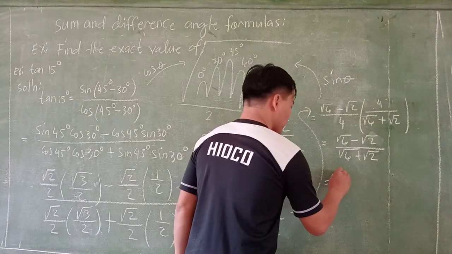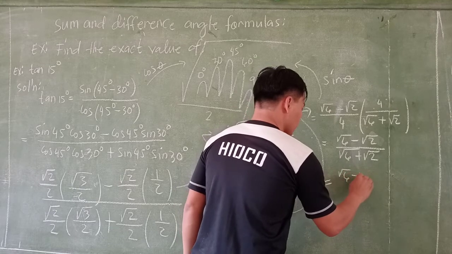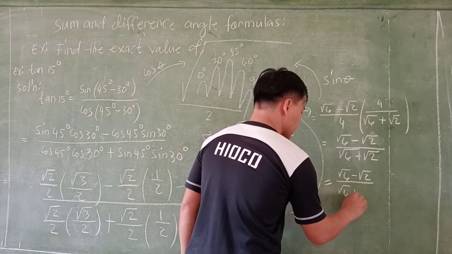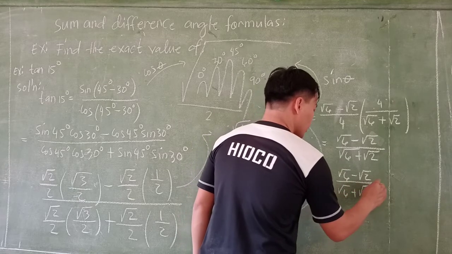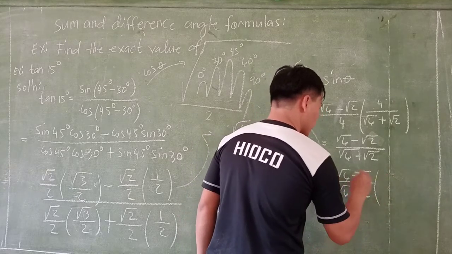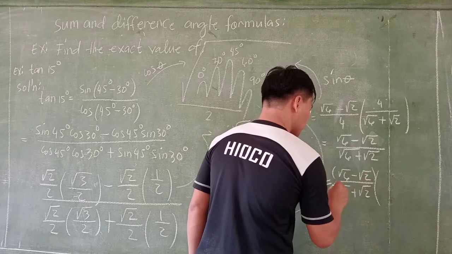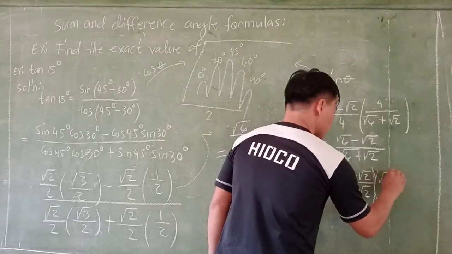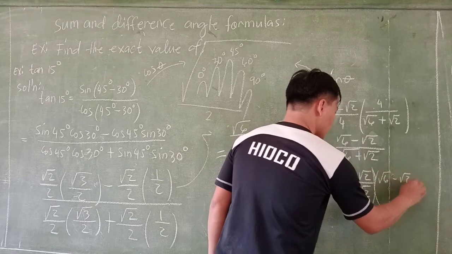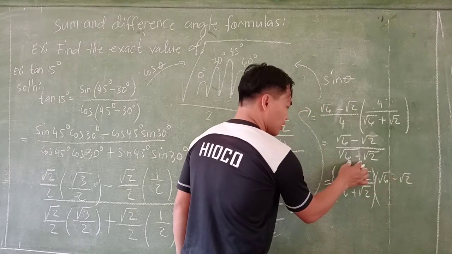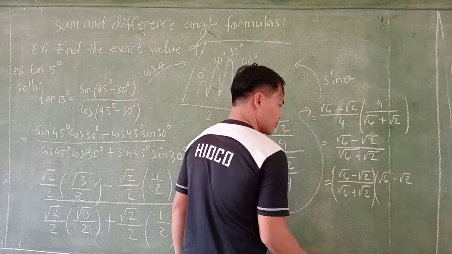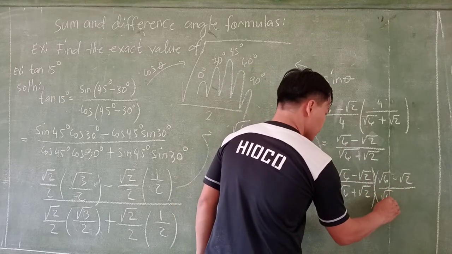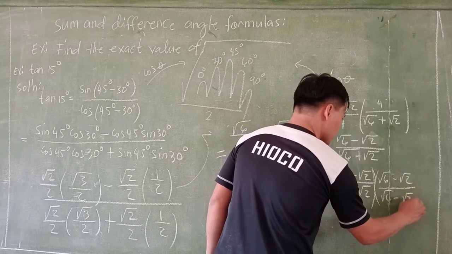So, we have here square root of 6 minus square root of 2 over square root of 6 plus square root of 2 times square root of 6 minus square root of 2, which is the conjugate, over square root of 6 minus square root of 2.